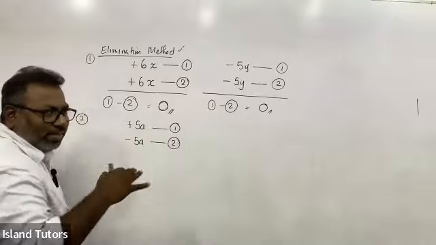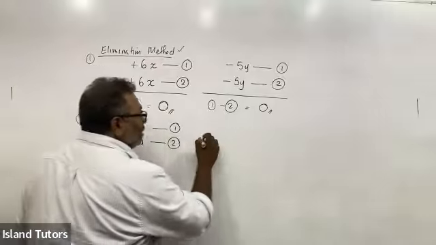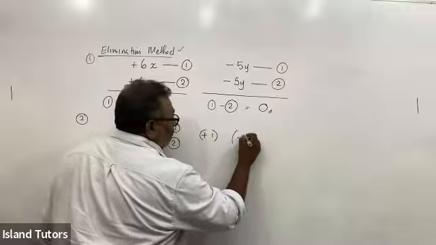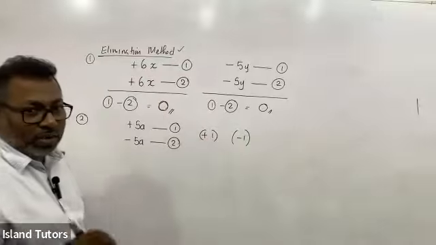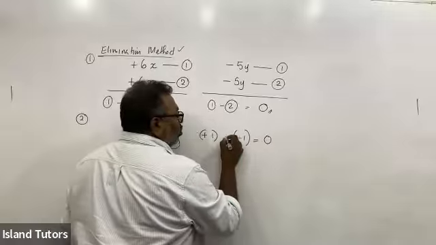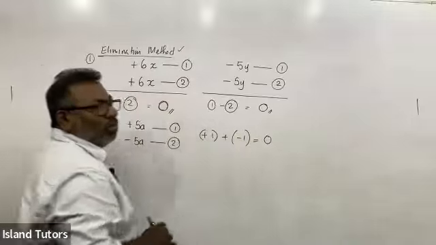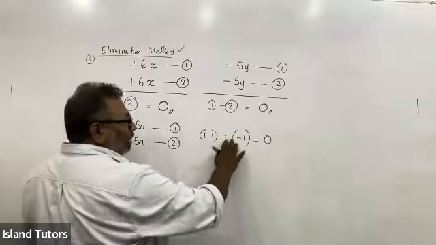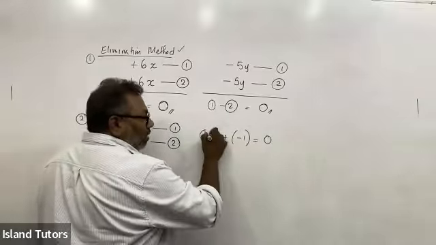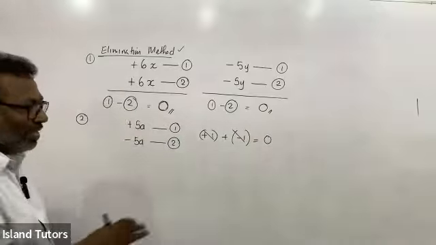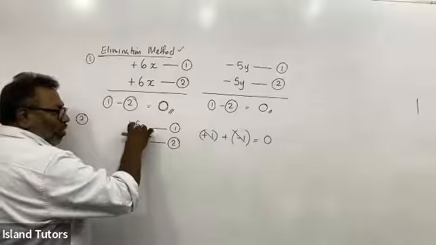In order to make it 0, it's like this. Just look at this. Plus 1 and you have minus 1. In order to make this 0, what do you do? You have to add the two numbers. So here plus 1 plus minus 1, this and this will cancel. You're getting 0.